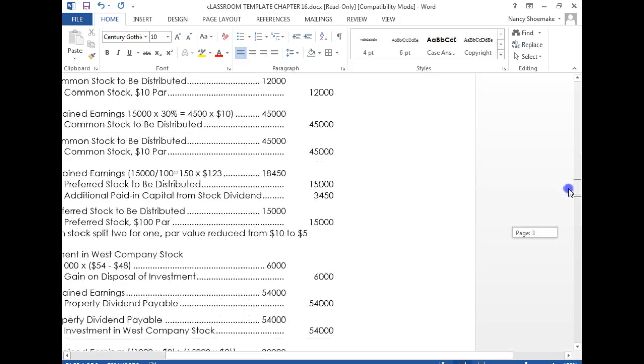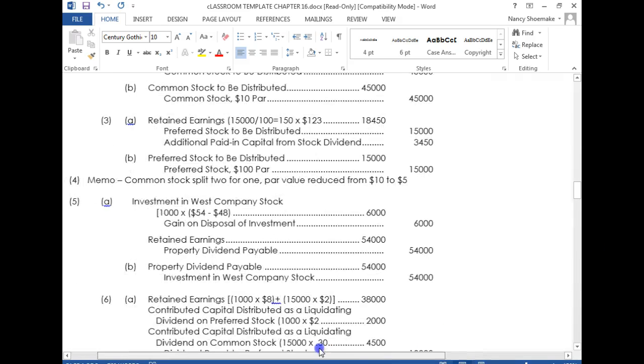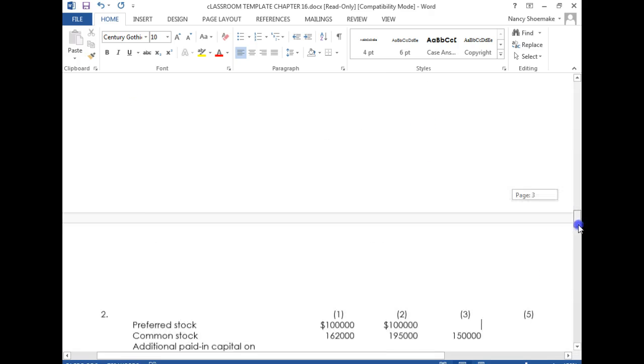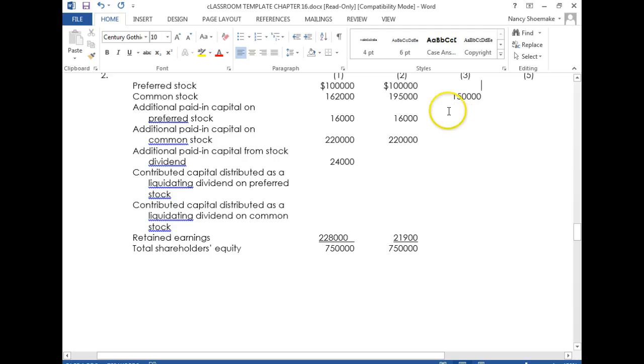When we look at number 3 here, how much did it increase? 15,000? So we're going to show an increase of 15,000 here, or 115,000 is now our preferred stock figure. Do we have any additional paid-in capital on preferred stock? Look at our journal entry. Do we show any additional paid-in capital?